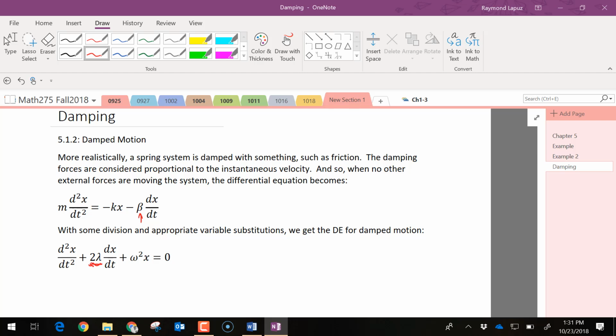And here they just introduce another variable, lambda, to help us describe the constant of proportionality to the velocity. They would usually say it's proportional to the instantaneous velocity, twice the instantaneous velocity or 5 times instantaneous velocity or whatever. And so that's really just a number that we have to put in. But then they have this 2 lambda as a number here.